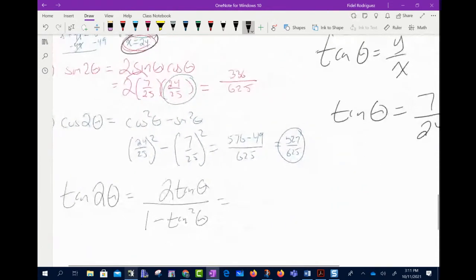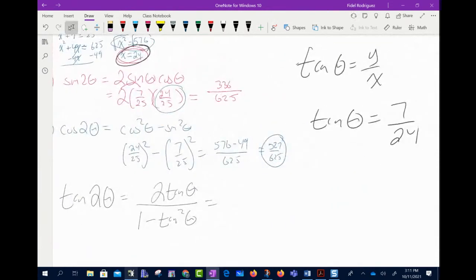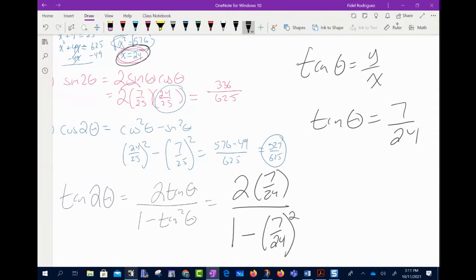Okay. And so now we're going to say this is 2 times 7 over 24, over 1 minus 7 over 24 squared. Okay. So, y'all, I'm going to go super slow here. 2 and 24 will reduce. So that's 7 over 12.